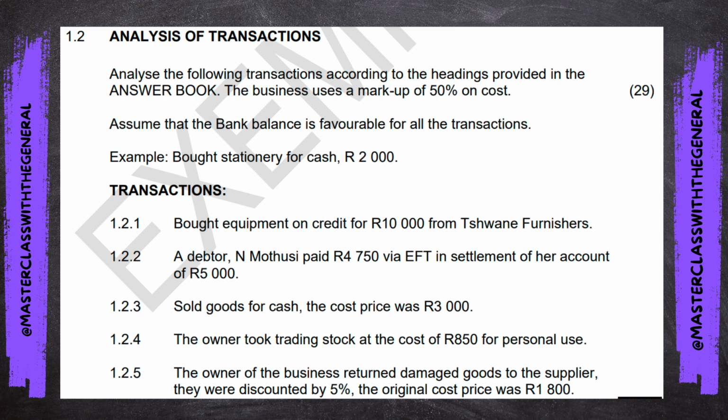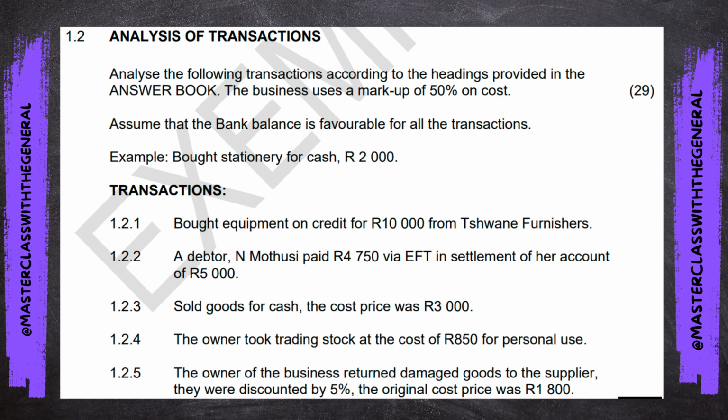Sold goods for cash, the cost price was 3,000. By now, you guys know that whenever we sell goods, there are 4 accounts that are affected. It's 4 accounts and not 2. I'll explain why. If we sell goods for cash, the first transaction, as we can see, is sales, because we sold goods. And then there is cash, which is bank. However, what we sold is what we would have referred to as trading stock before selling it.